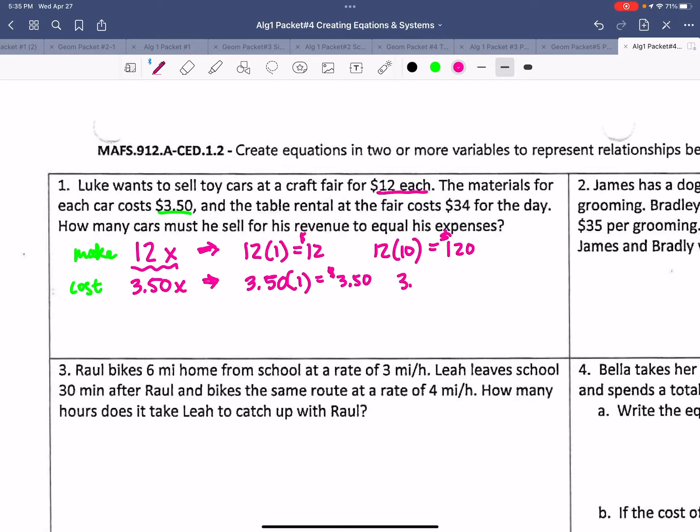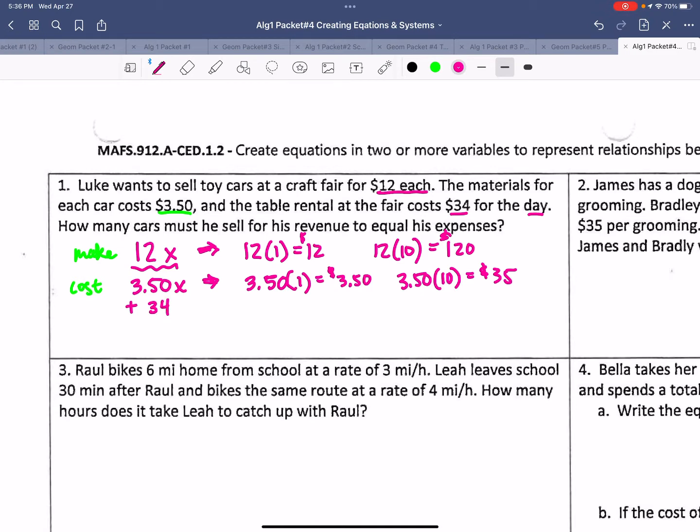If you built 10, then it would cost $35, all right? Now it says the table rental at the fair also costs $34, okay? So that's just for the day. So that's an additional cost that you'd have to pay, okay?